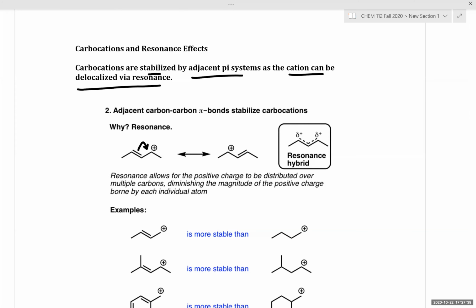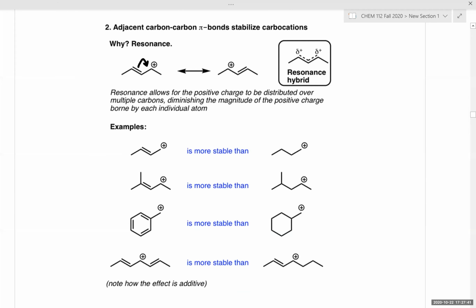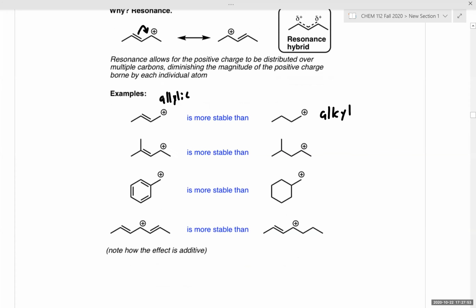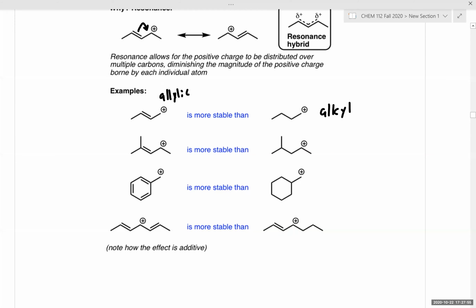We see plenty of examples of this when we compare a typical alkyl carbocation to an allylic carbocation. Further, depending on the number of atoms that you can delocalize your positive charge over, you can observe an increasing amount of stabilization via resonance.